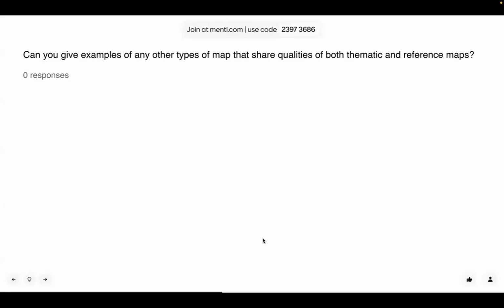And can you think about any of these maps that share the similarities between both thematic and reference? So any maps that are both highlighting physical features as well as telling a story about this area. I will give this section a minute or so and we'll see what responses we get.